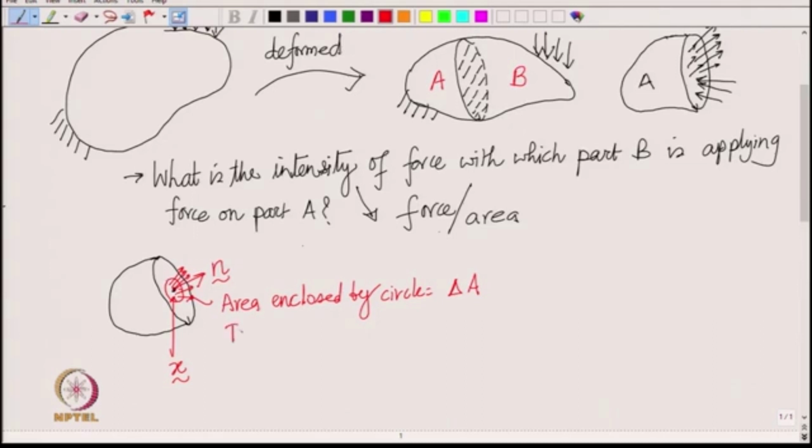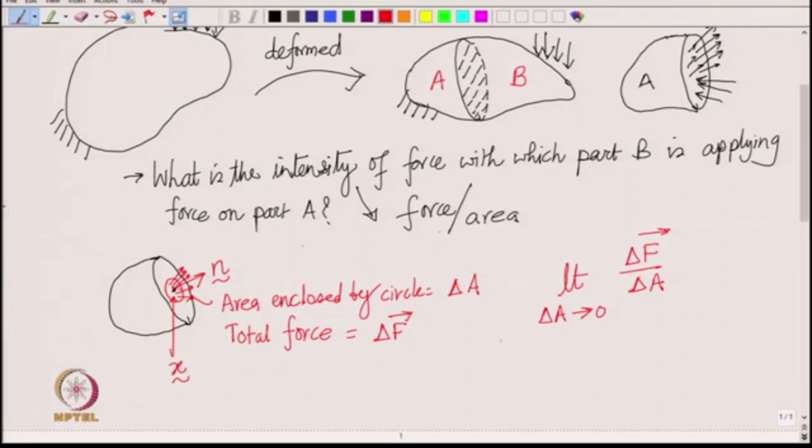So, total force, suppose it is equal to delta F, all right. Let us take the limit delta A going to 0 of delta F by delta A, all right.